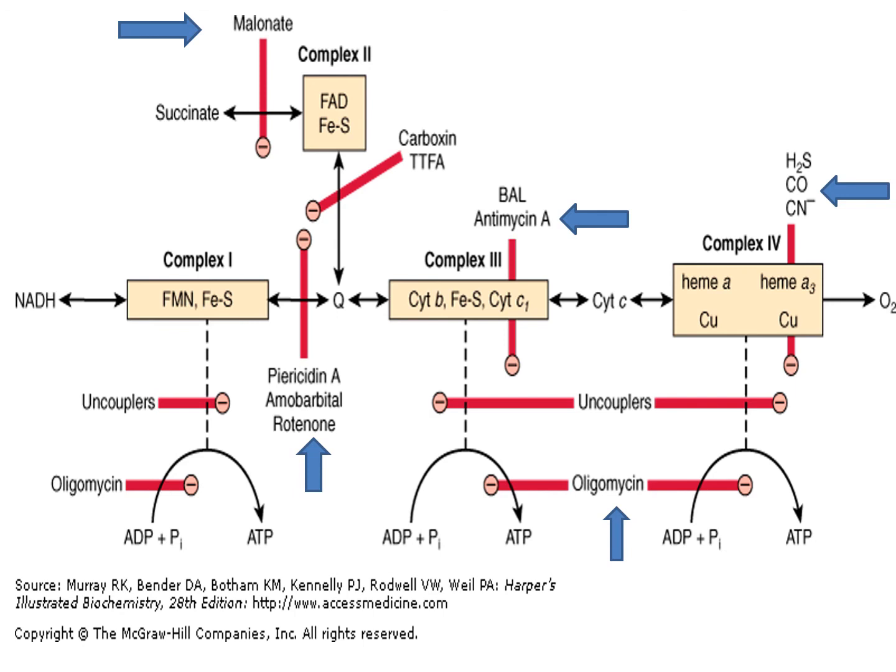So energy released by the electron transport chain will be lost in the form of heat. Examples: 2,4-dinitrophenol and thermogenin. Thermogenin is a physiological uncoupler found in brown adipose tissue that functions to generate body heat, particularly for newborns and in animals.